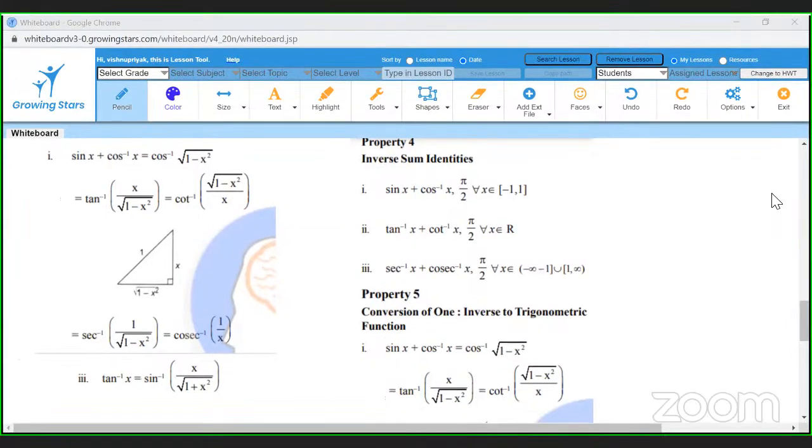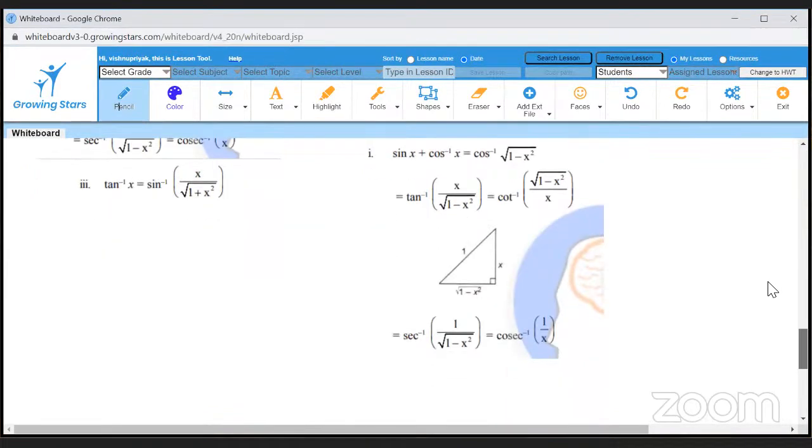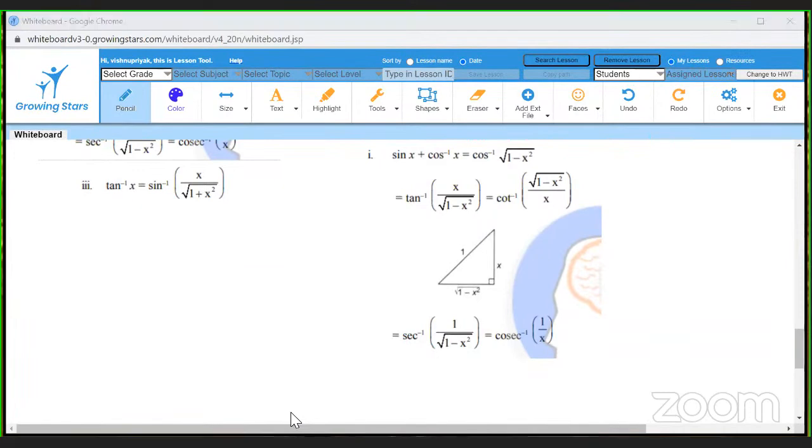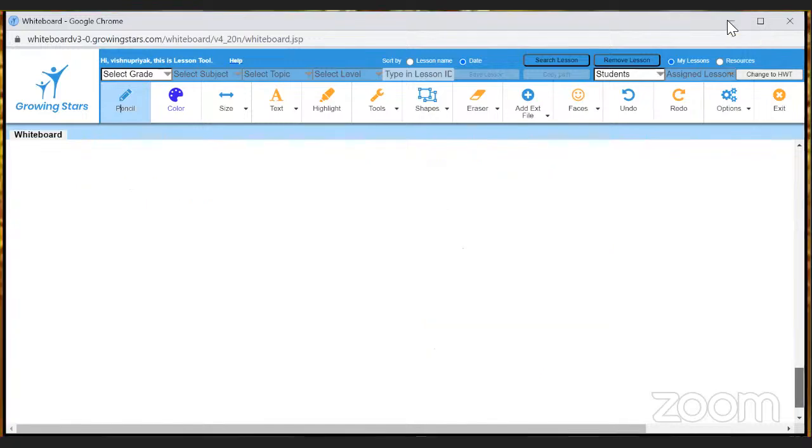I'll scroll down. Next set of properties. Many formulas are there in trigonometry.